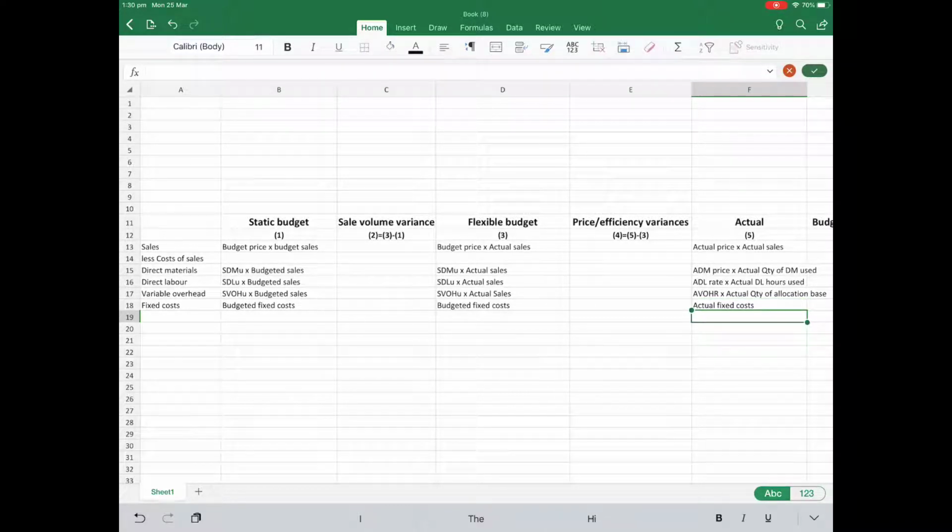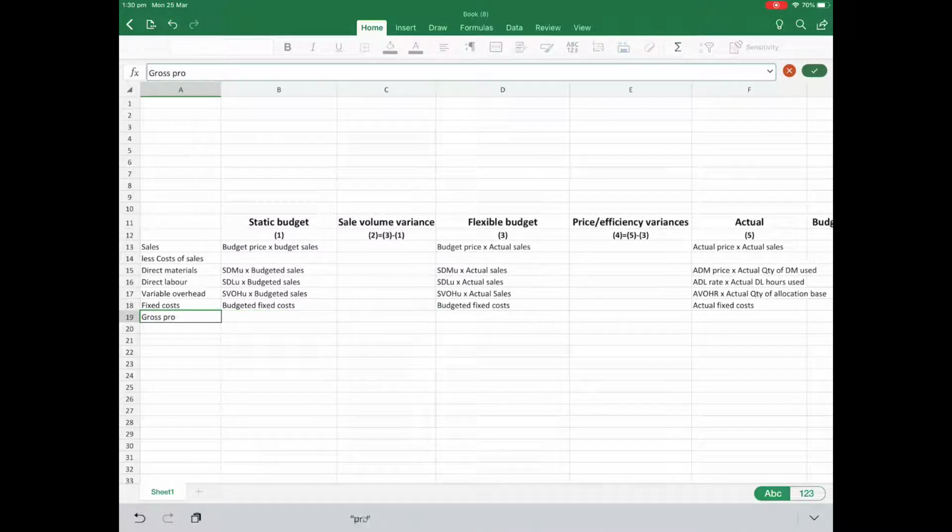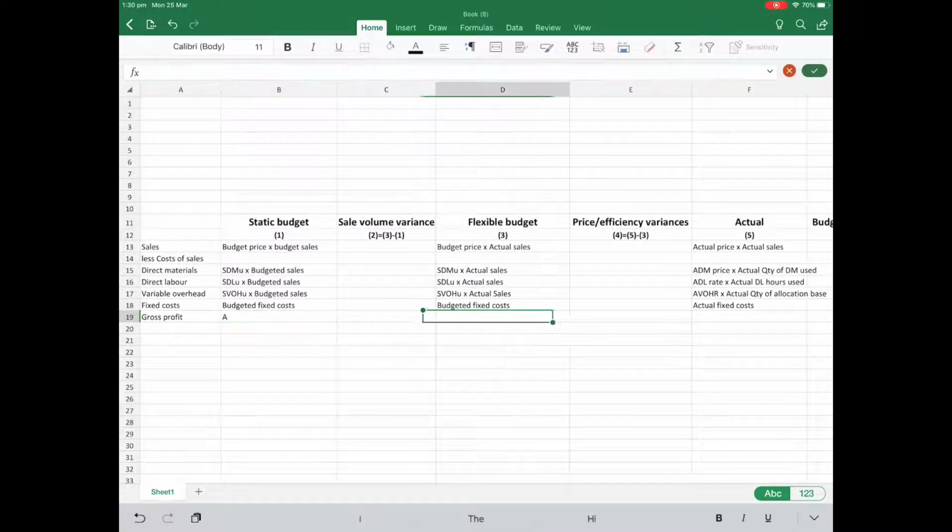Okay, so now this is an overview of what we have done, and then this is the difference between these figures. So we have the gross profit here, A, B, C. So you see that the difference between A and B is caused by the budgeted sales being different from the actual sales, because given all other factors remain the same, the difference between A and B must be because of the sales.